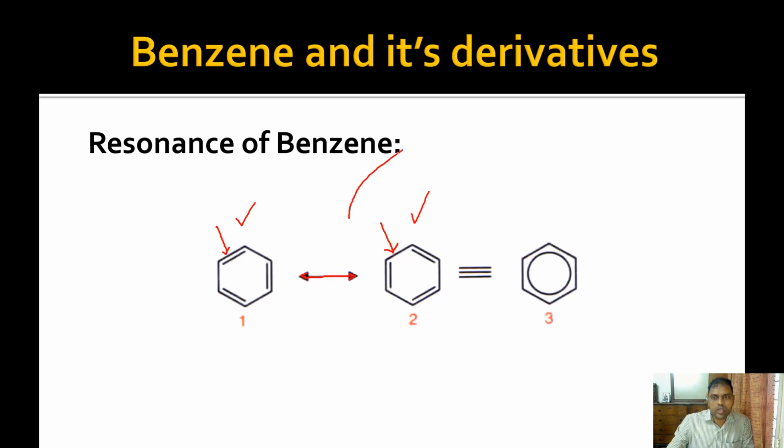These 2 structures can be written as one structure. This structure is called a hybrid structure. So this resonance form occurs in benzene.